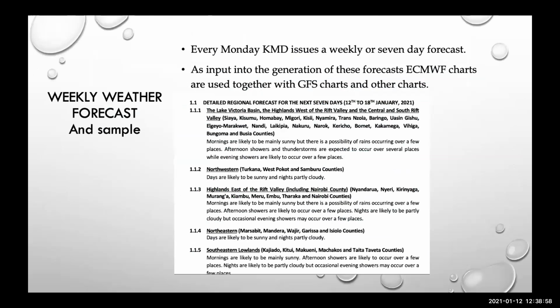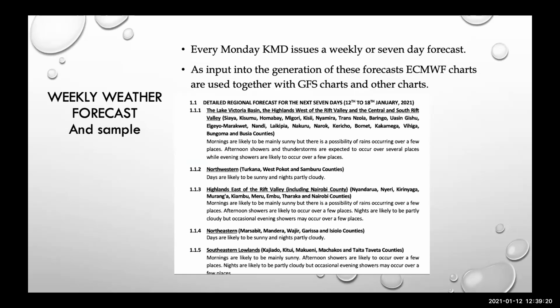Apart from the severe weather forecast, we have the weekly forecast. My colleague who is with us in this meeting, Jemima, was also working on this, and most of these products that we use, some of them from ECMWF, inform our forecast.